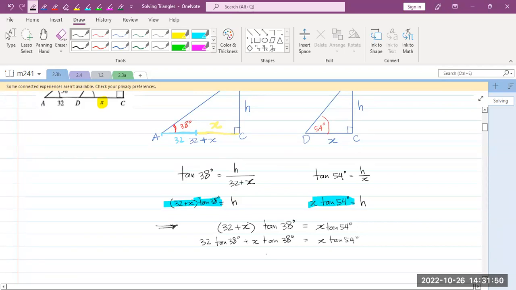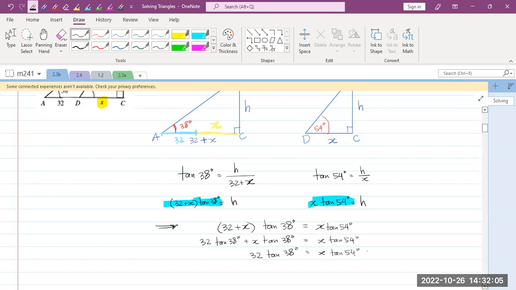I will subtract x tangent 38 degrees. 32 tangent 38 degrees equals x times tangent 54 degrees, already on the right hand side, minus x tangent 38 degrees.